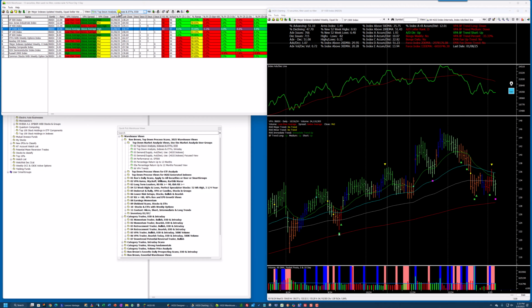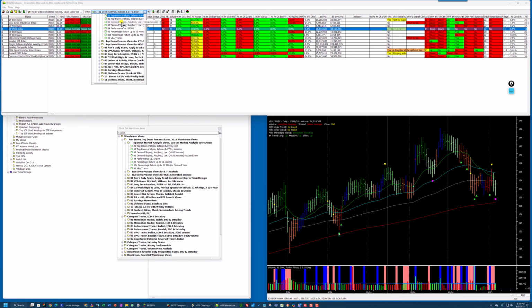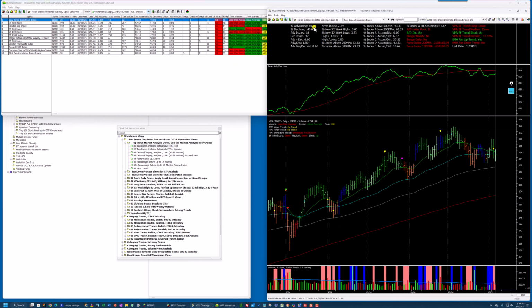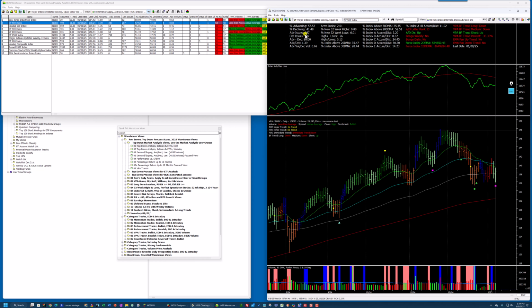Now if I go over here and I move down to number 3 where it says demand supply advancers divided by decliners, see the advancing versus declining issues in here. This is the same information that is in this chart right here, so you can just actually flip through the indexes and see the advancers versus the decliners and the percentage of them.